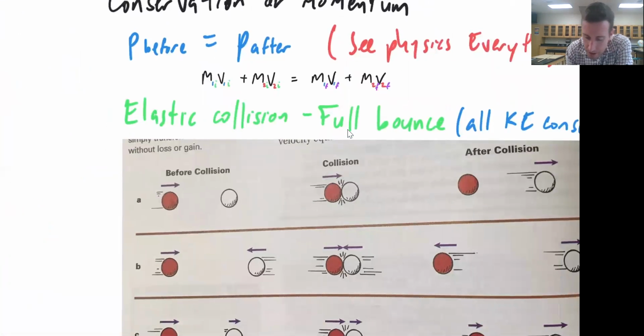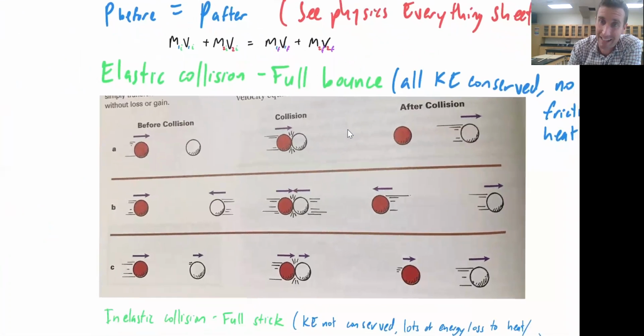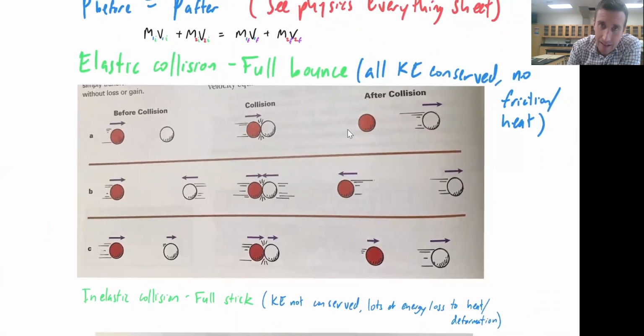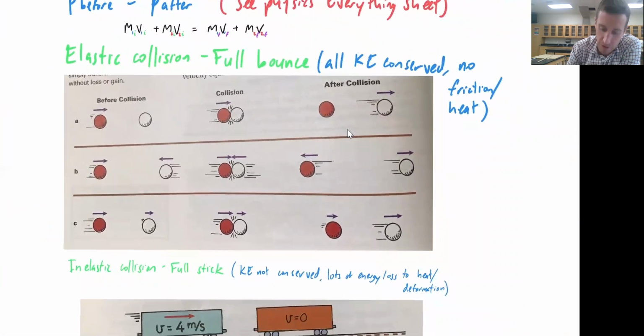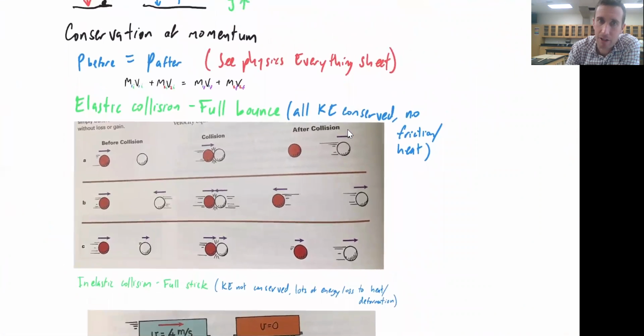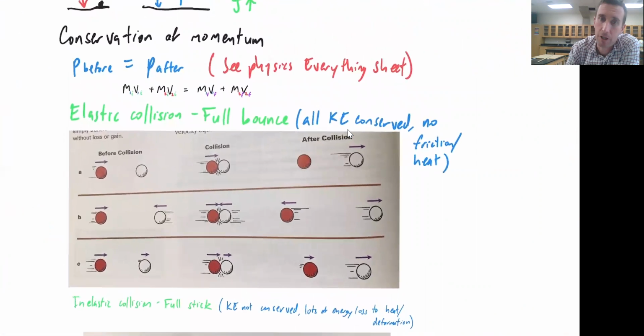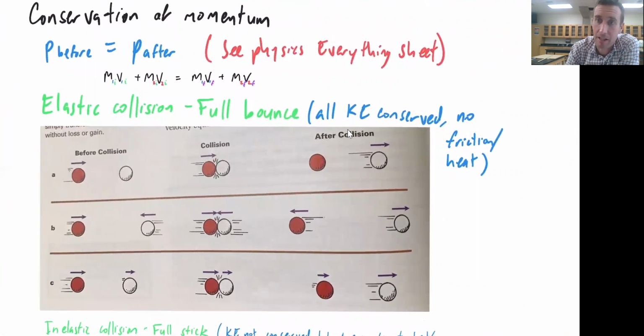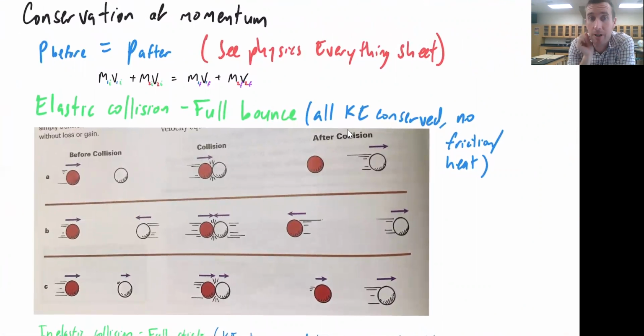All right, so it turns out there are two types of collisions. There's what we call an elastic collision, and an elastic collision is a full bounce. So in an elastic collision, a full bounce kind of collision, all kinetic energy is conserved. And all of the energy is able to be conserved because in a full and complete bounce, there is no heat, no thermal energy created, and no friction.